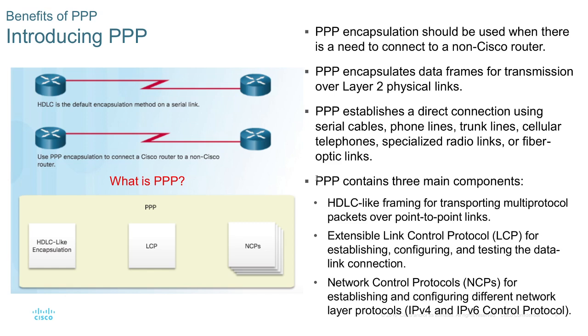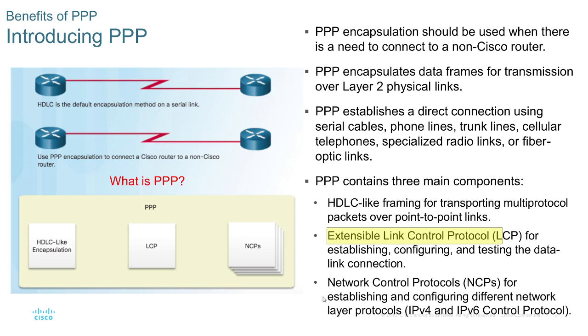And when we think about PPP, it has three main components. We will have a framing, something similar to HDLC, a framing which can be used for transporting multi-protocol packets over these point-to-point links. And then we will have some form of an encapsulation mechanism there. Then we also have what is called a link control protocol, which will be dealing with establishing, configuring, and testing the link connection.